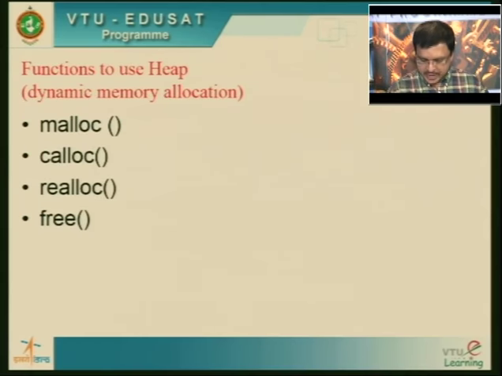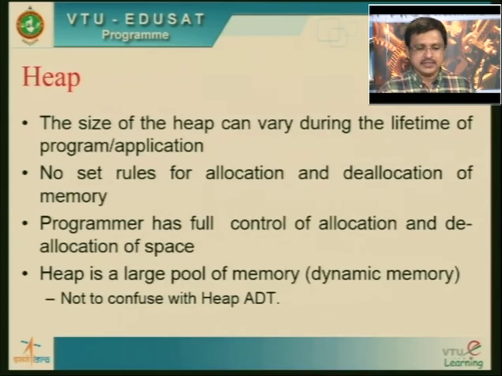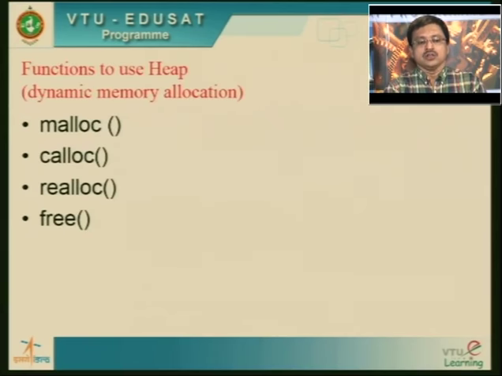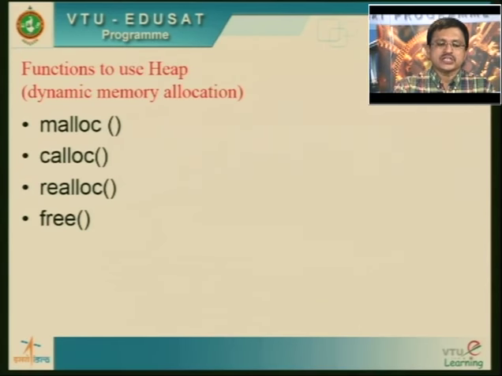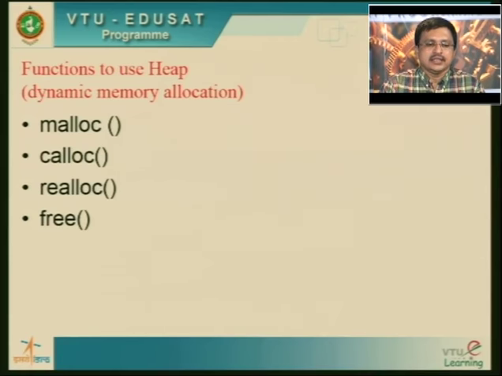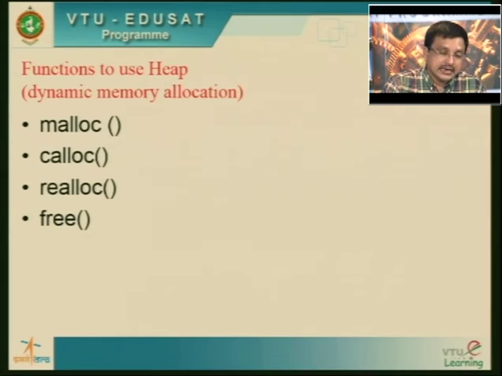We said in this slide that the programmer has full control of allocation and deallocation of space on heap, whereas stack was not under the control of the programmer, it was under the control of program execution. There are 4 functions in C which help you manipulate allocation and deallocation of space on heap: malloc, also called memory allocation, calloc, which is calculate and allocate, realloc, and free.